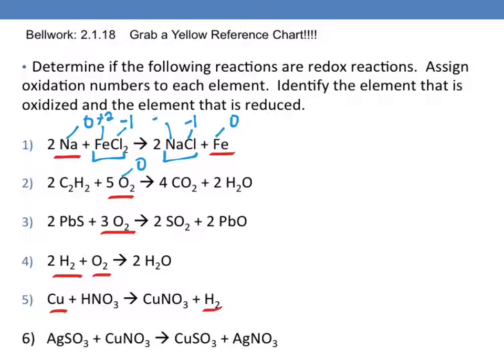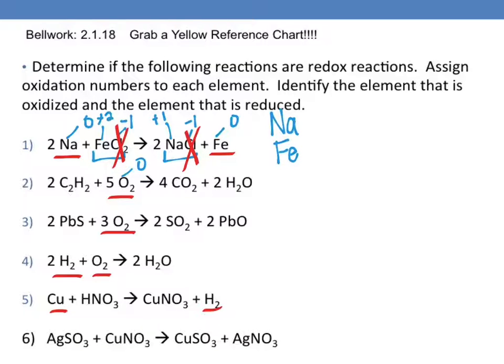Sodium is +1. Now I look at that and I see who changed their charge, who gained or lost electrons. Everybody but Cl. Cl is a -1 and it stays a -1. So my next thing is, we have Na and we have Fe.